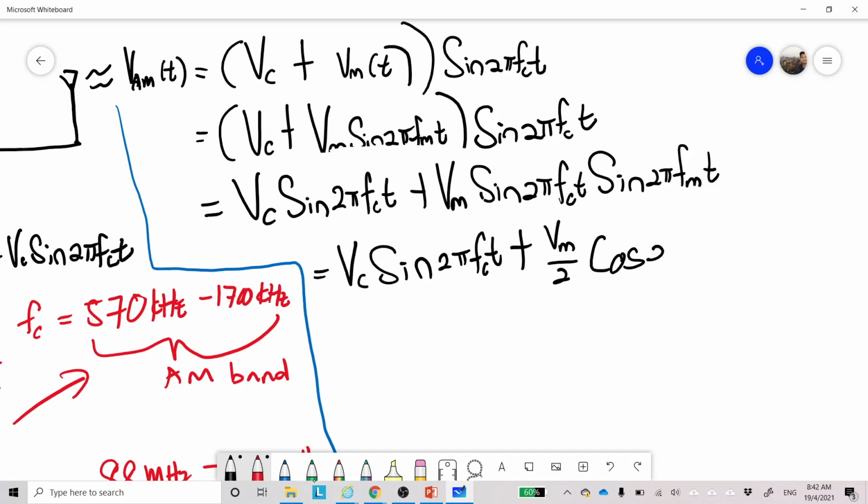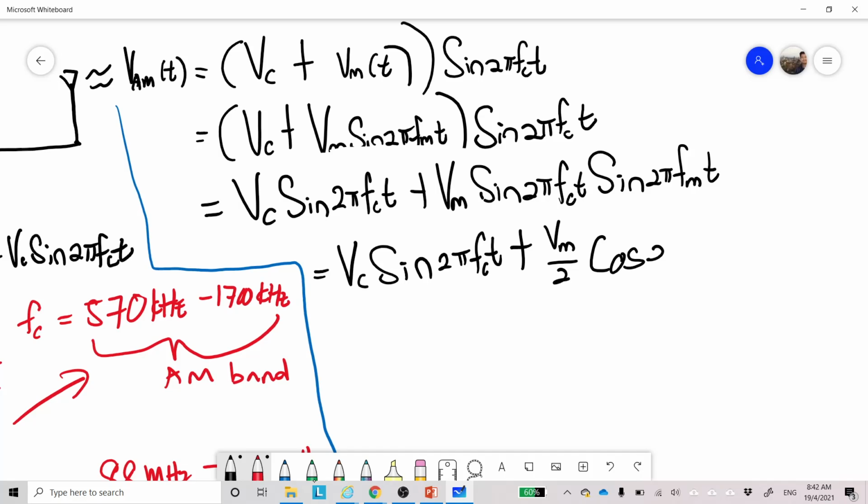In the middle we have the carrier component located at FC, and the amplitude is VC.